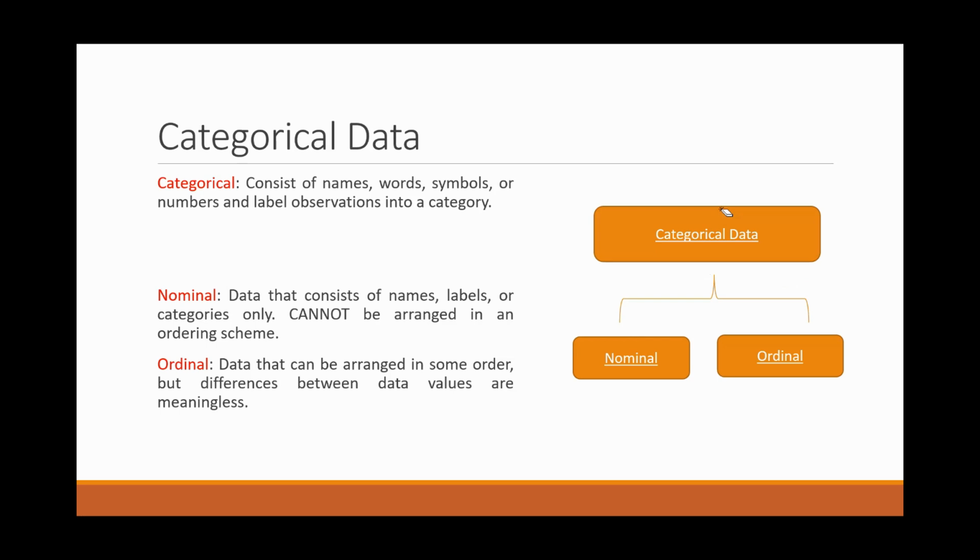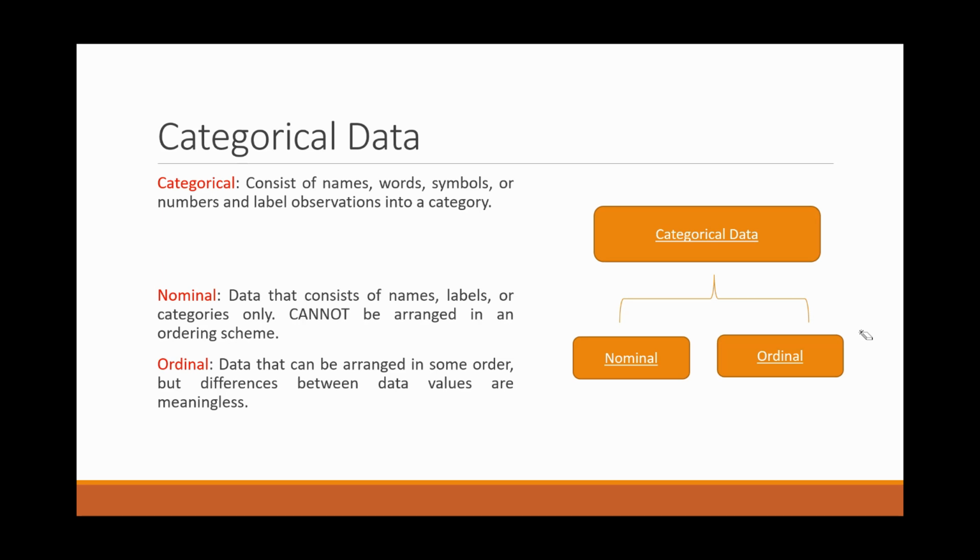Okay. Now, categorical data can come in two forms, or at least one way to think about it is two forms: nominal and ordinal. Nominal categorical data is data where the labels cannot be arranged in an order where the order communicates information to us.